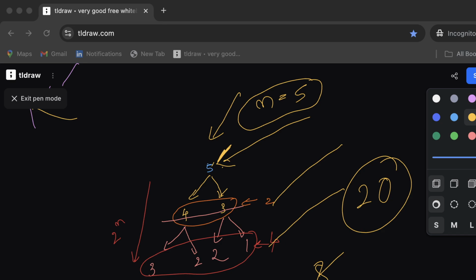So n is 5, that means... if I'm calculating Fibonacci of 4, then how many calls am I making?